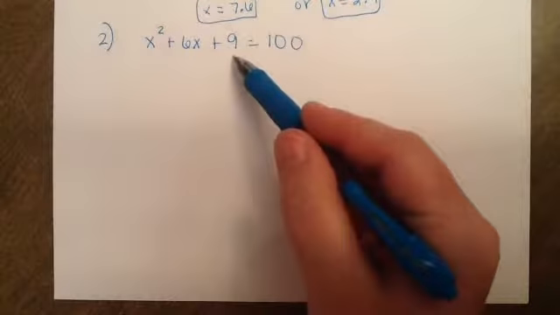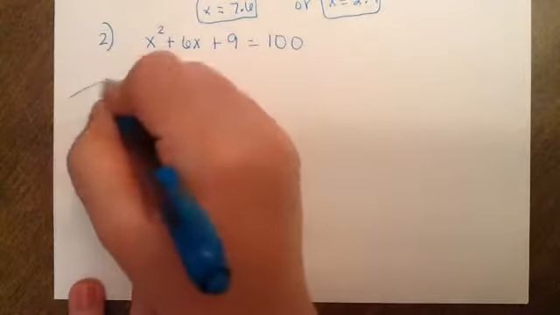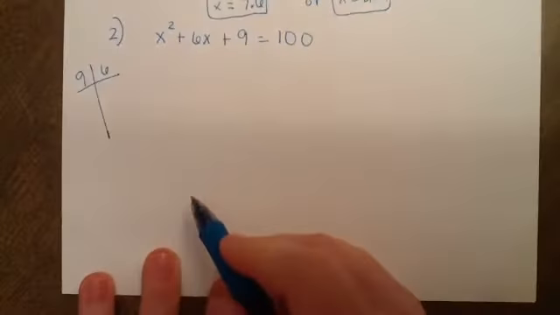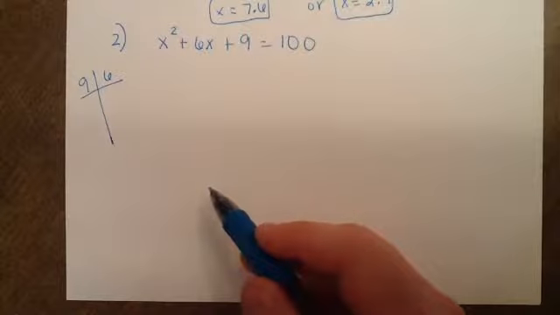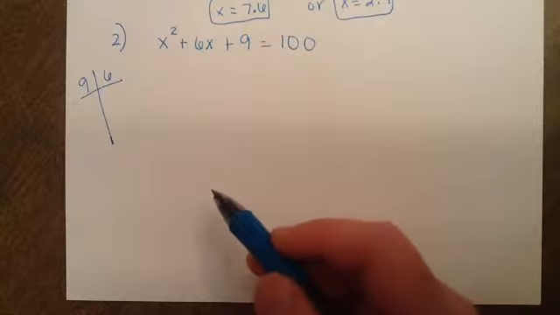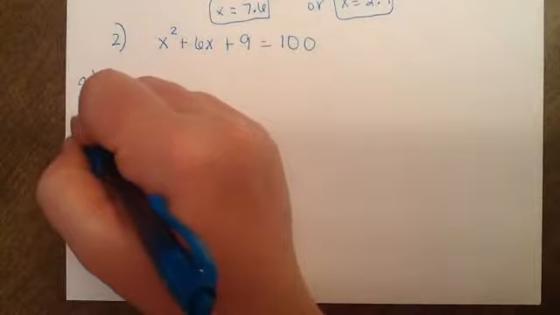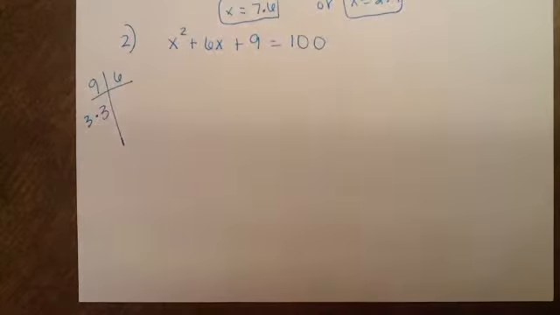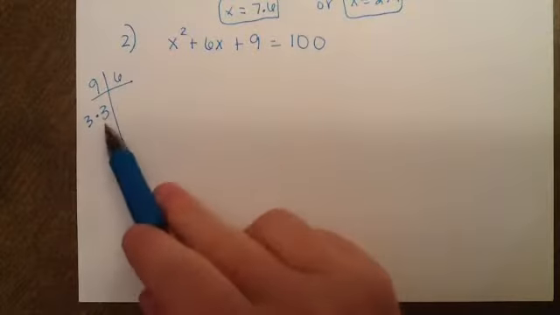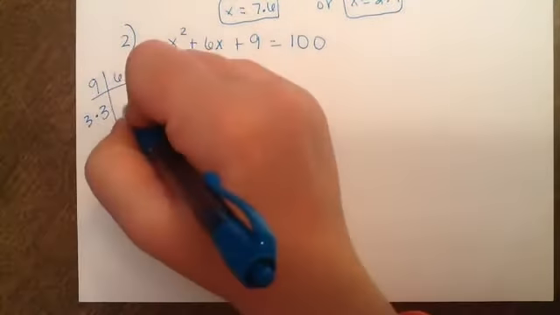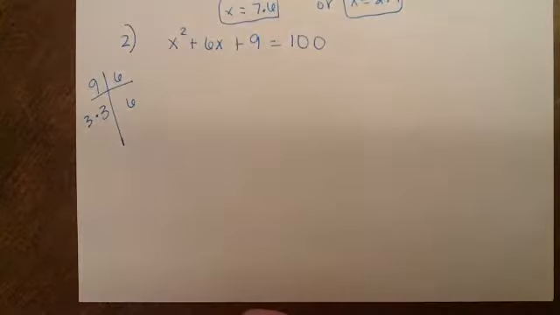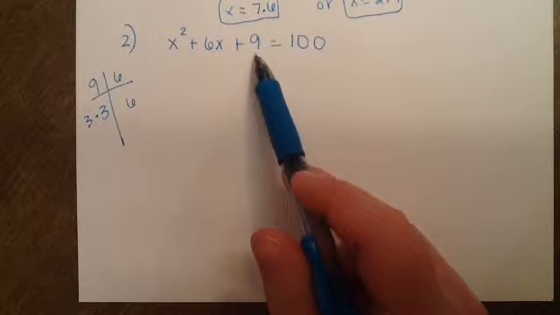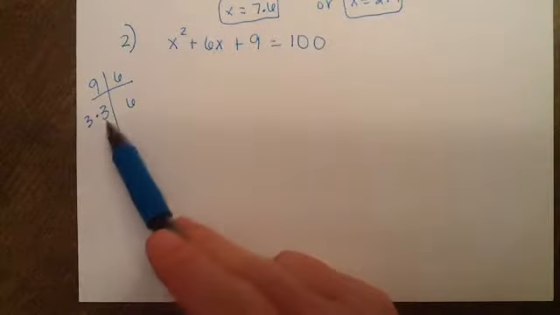Again, let's look at two numbers that multiply to 9 and add to 6. And I need them to be the same number. So 3 times 3 gives me 9. Do these two add up to be 6? Yes. I don't want 9 times 1 because I need them to be both the same.